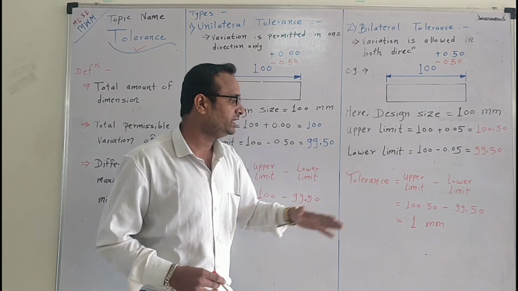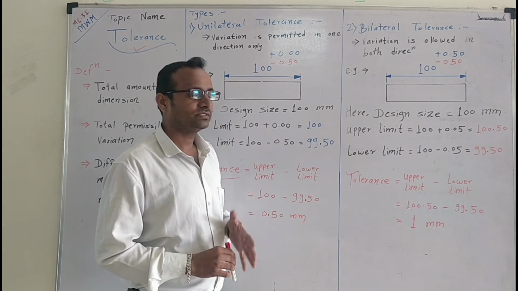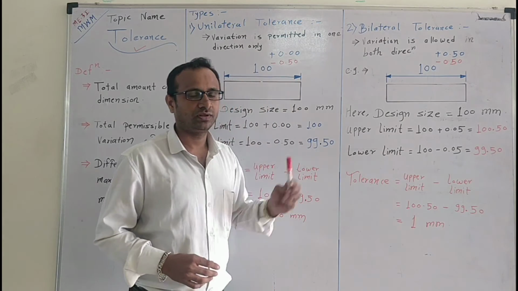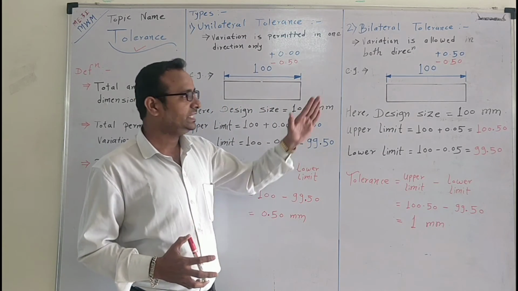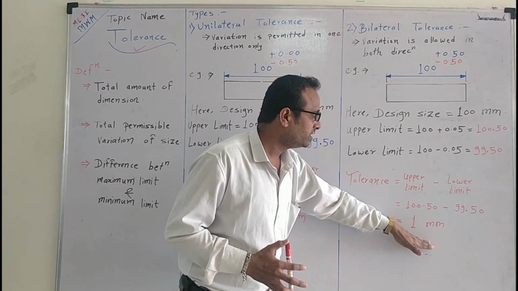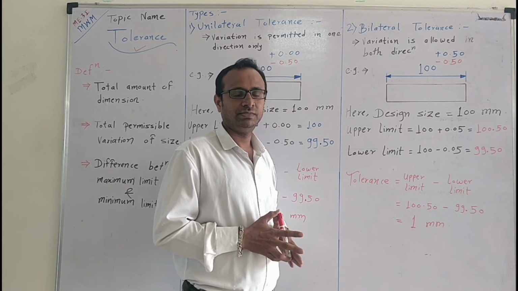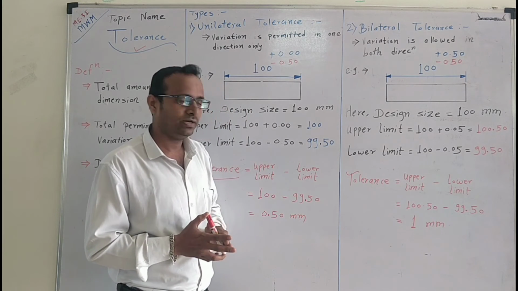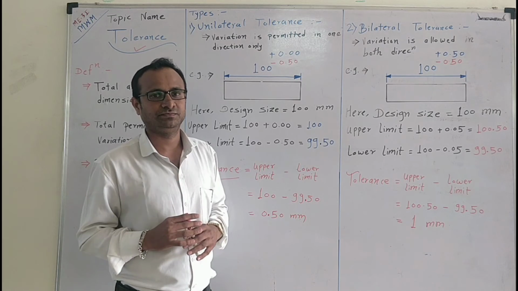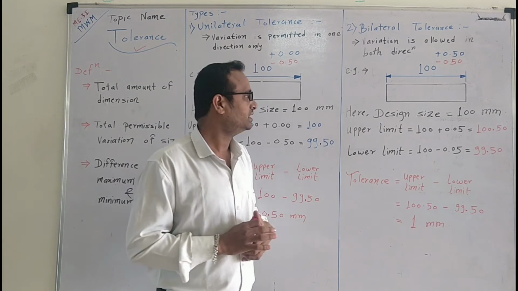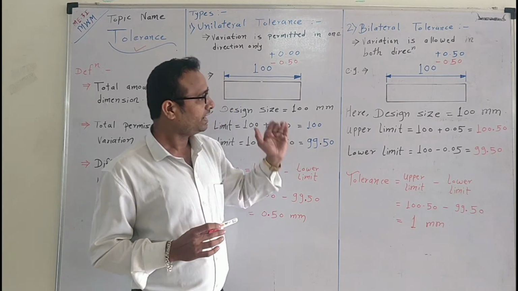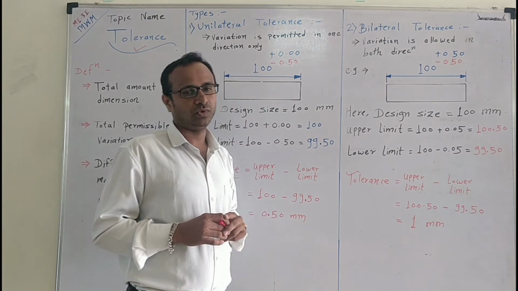After this subtraction, we get 1 mm as the tolerance. So in bilateral tolerance, 1 mm will act in both directions, meaning 0.5 mm in one direction and 0.5 mm in the other direction. The variation is provided at upper side also and at lower side also.